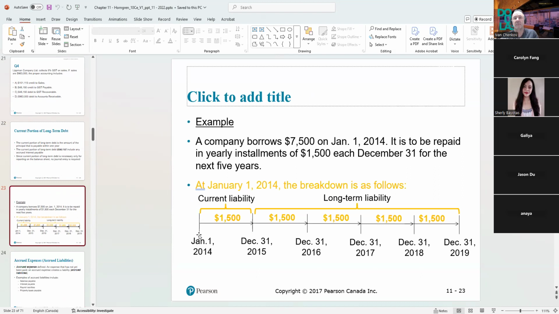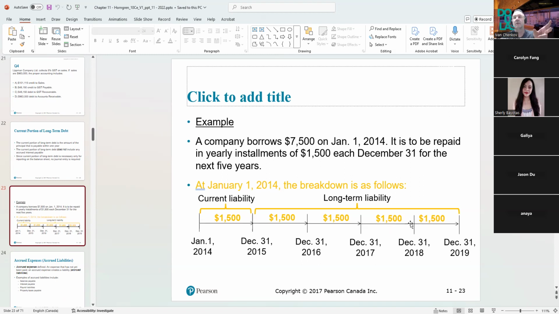If it's now December 31st, 2013, the company is going to record a current liability of $1,500, which has to be paid within 1 year, and $6,000 long-term liability. On December 31st, 2015, they're going to show again $1,500 current liability and $4,500 long-term liability.